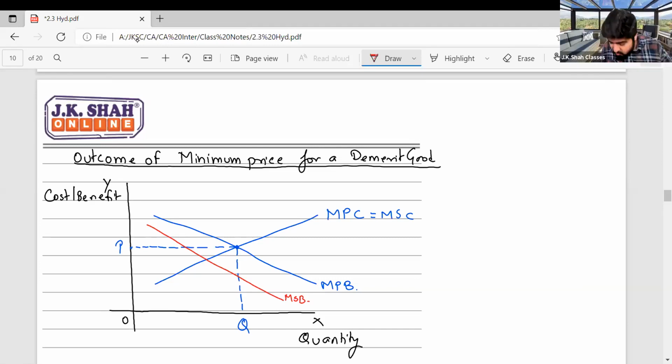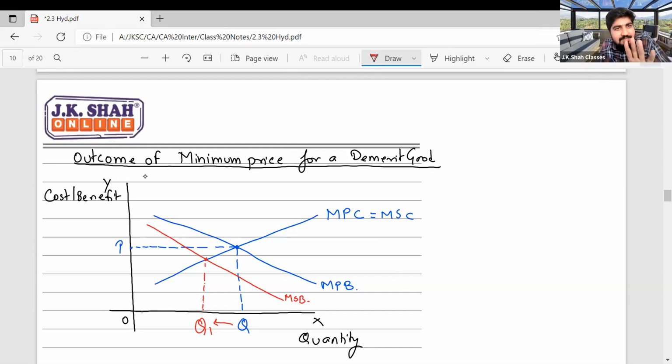So now look at the new equilibrium. According to this new equilibrium, this becomes our quantity Q1, do you agree to this? But friends, don't you think now there is a small problem? If we check out the MSB equilibrium, the quantity will be falling, that's true, but the price will also fall, no?